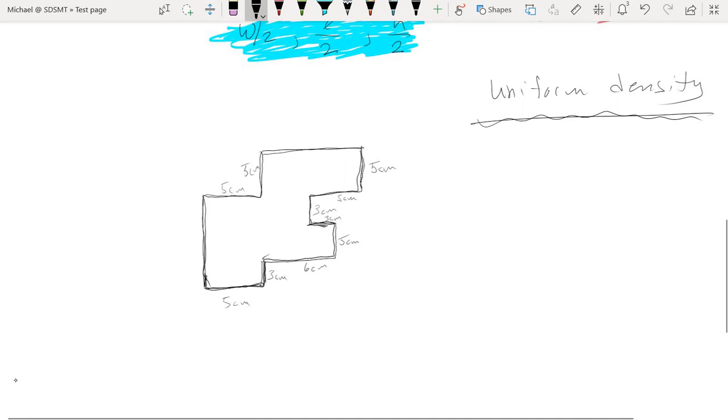And so I believe that would make this top length 8 centimeters. We already have 6 right here. And then 5 minus 3 would be 2. So yeah, that top piece should be 6.